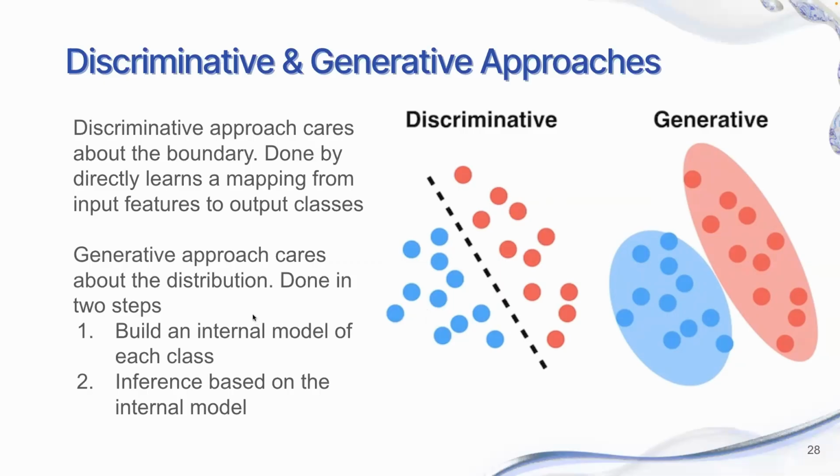The generative approach, however, doesn't care about where the data is separated. First, think of the data as some sort of distribution or cluster. Your model tries to understand what the data looks like for different classes. In this case, it says the blue points are more of a circular shape, centered around this point, so the entire blue region is a distribution.